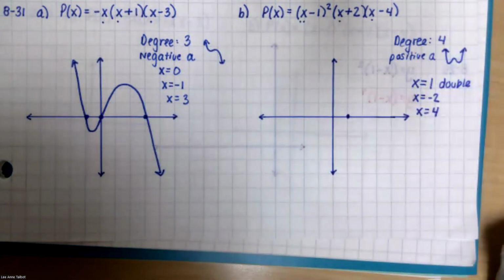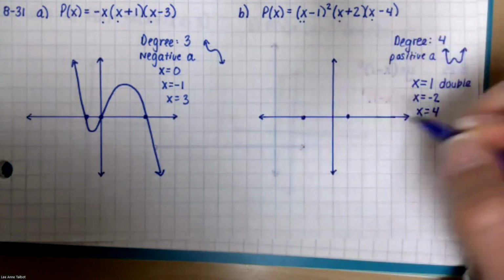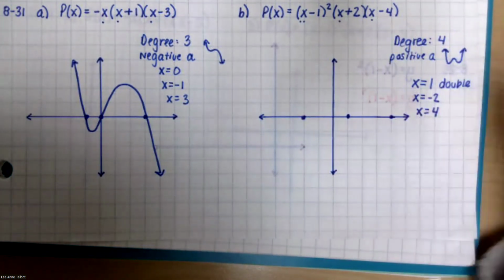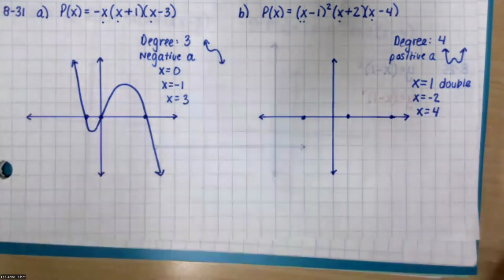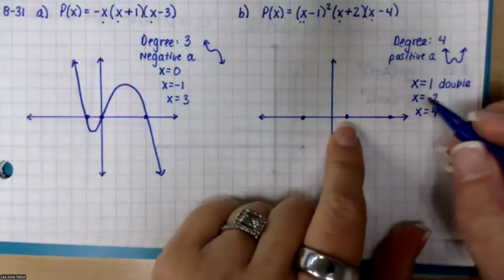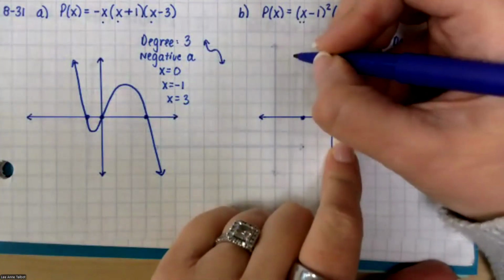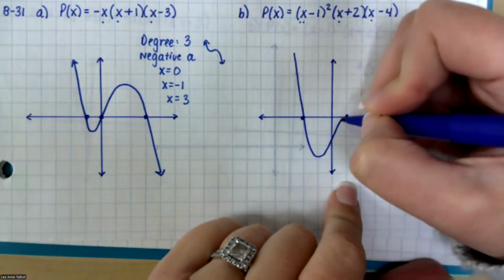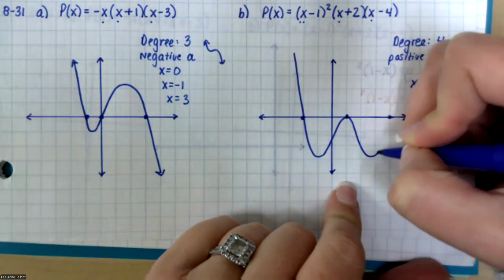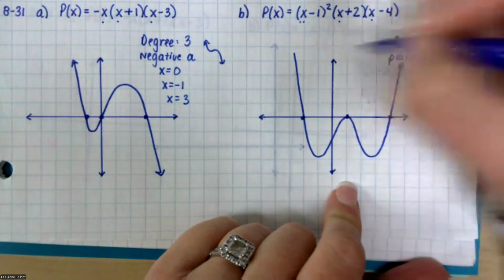So 1, -2, 4. To keep in mind, this is my double. So this says start up high. This is a single, so it passes through. Double is the bounce. Single passes through.